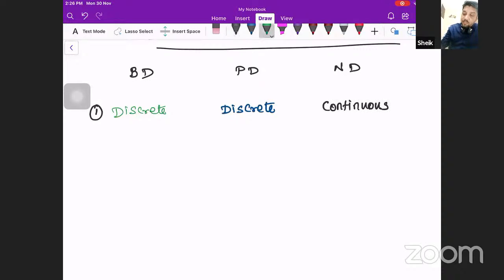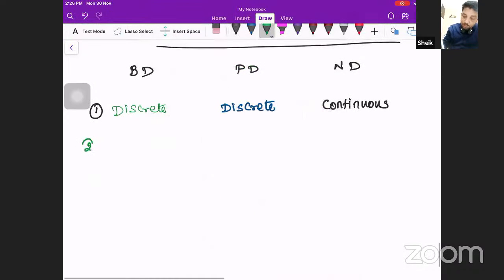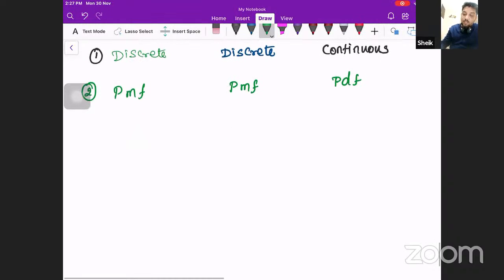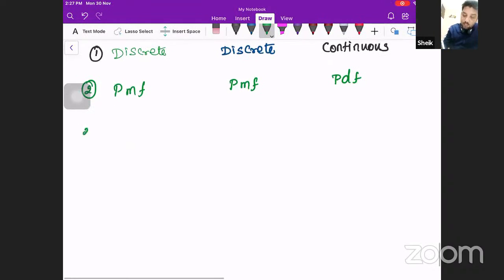Correct? Yes. Now, in binomial distribution we use the probability mass function, and for normal distribution, the probability density function. Is that right? Next, what is the probability mass function?